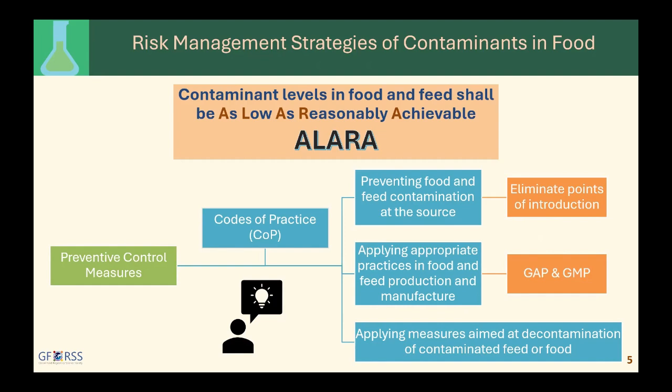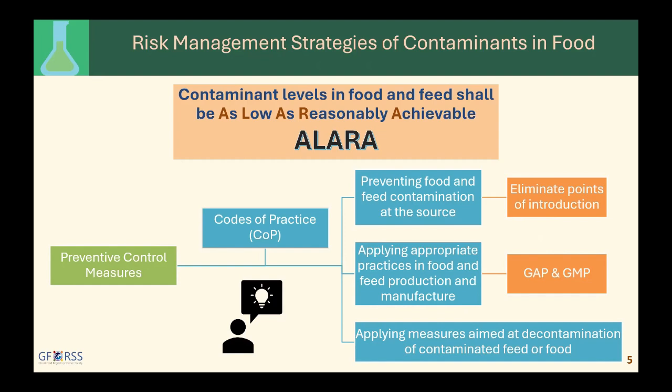So here we have sampling plans, methods, maximum levels, etc. But if you look at the whole list of documents of standards, they are codes of practice, right? So why? Because these contaminants are not supposed to be present. So I will need to implement some effort to minimize their introduction from the point of entry before trying to set a maximum level.